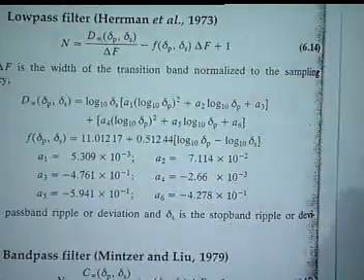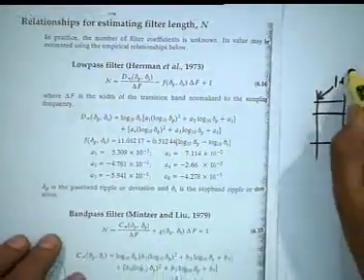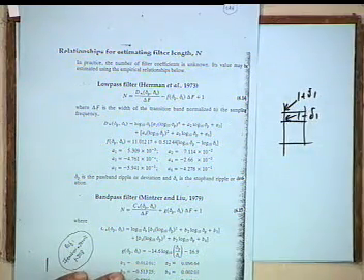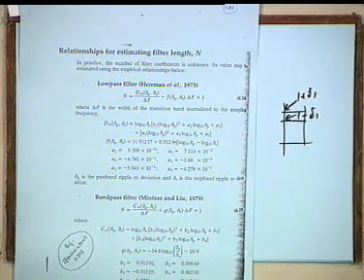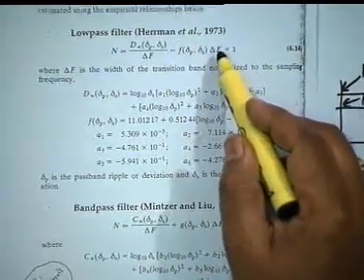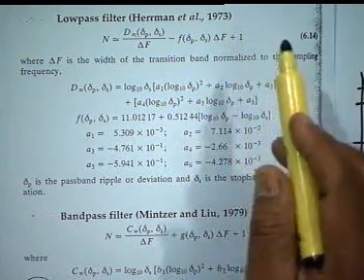On the other hand, in FIR, as you know, the usual procedure is to specify 1 plus delta 1 and 1 minus delta 1. If that is the specification, then delta p you have to calculate as twice delta 1. That is correct. All right. So delta p and delta s are different, and delta f is as defined earlier, that is omega s minus omega p divided by twice pi.